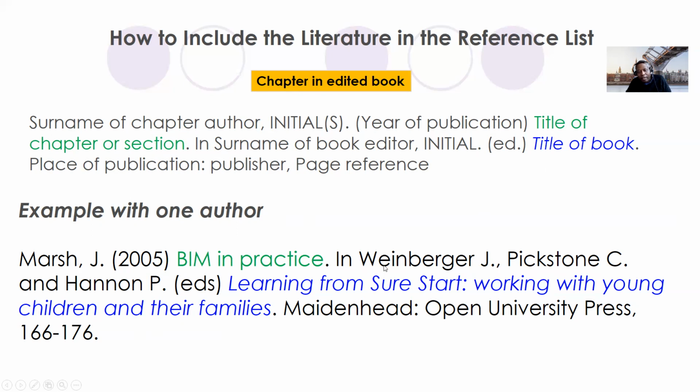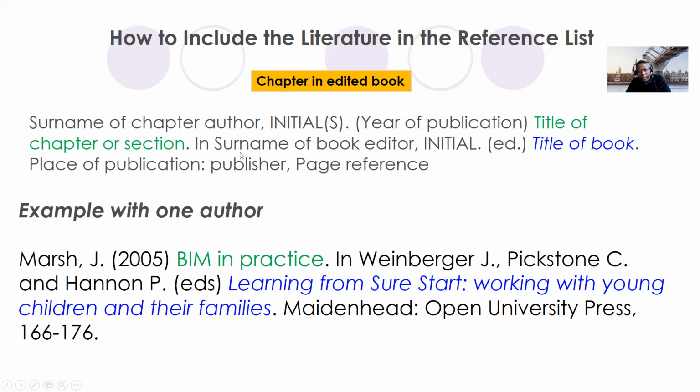Then 'in', we now want to say the book. This one is a chapter in this book. In the book with Weinberger, Hickstone, and Hannon. And Weinberger, Hickstone, and Hannon are editors. You can see the EDS there. Okay?